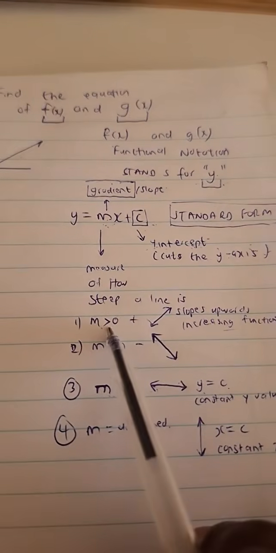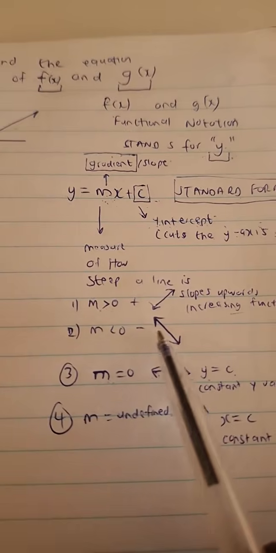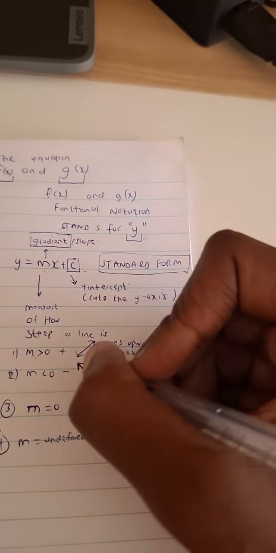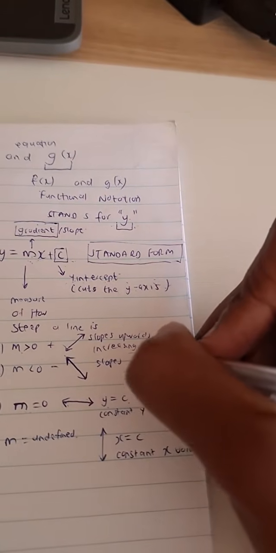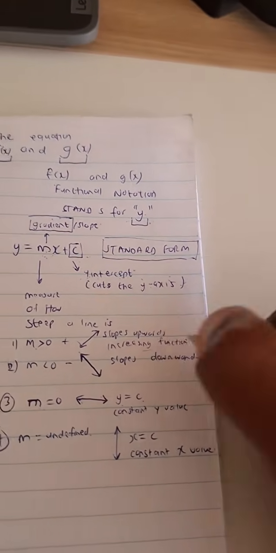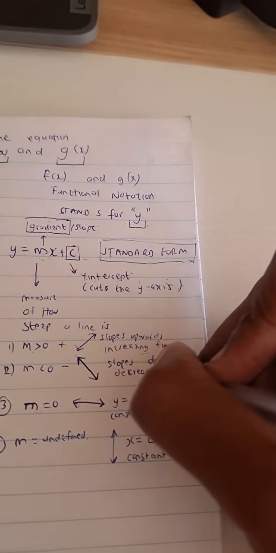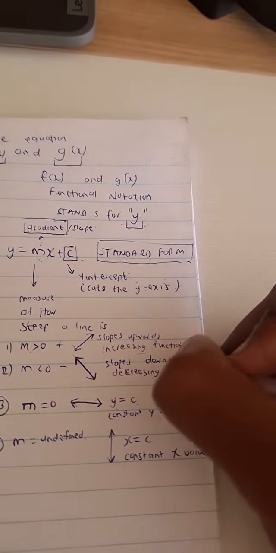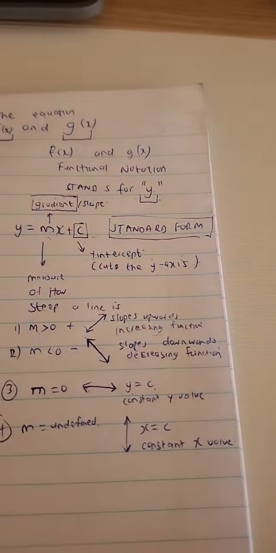That's what we expect when m is positive. When the gradient is negative, meaning it's less than 0, the straight line slopes downwards. In other words, we say the function is decreasing. It's a decreasing function that we get.